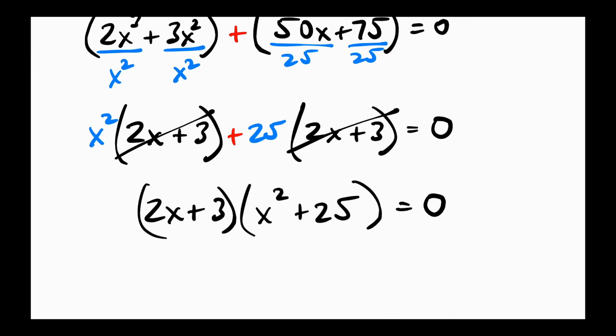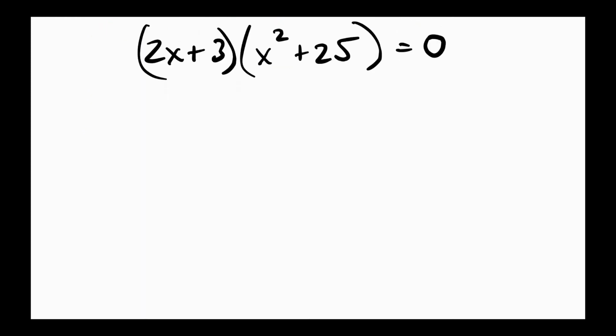Good. Difference of squares? No. Again, really, really close. The x squared plus 25 is really close. If that was a minus 25, it would be difference of squares. But because of that plus, it's not difference of squares. So if we were factoring, we'd be done. But now we got to break open that step 9.